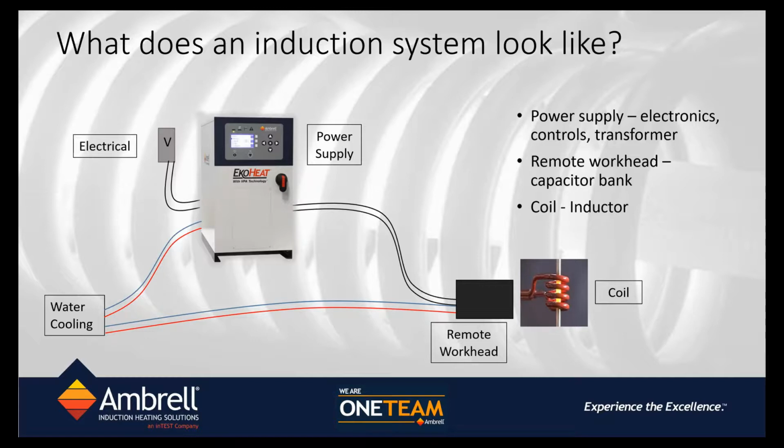Induction heating coils are for the most part water-cooled copper tubes. I would have to guess that 99% of induction heating coils for industrial heating are water-cooled copper tubes. The coil is also called an inductor. So what does the coil do when you have a metal part either inserted in it or placed in the vicinity of this coil?